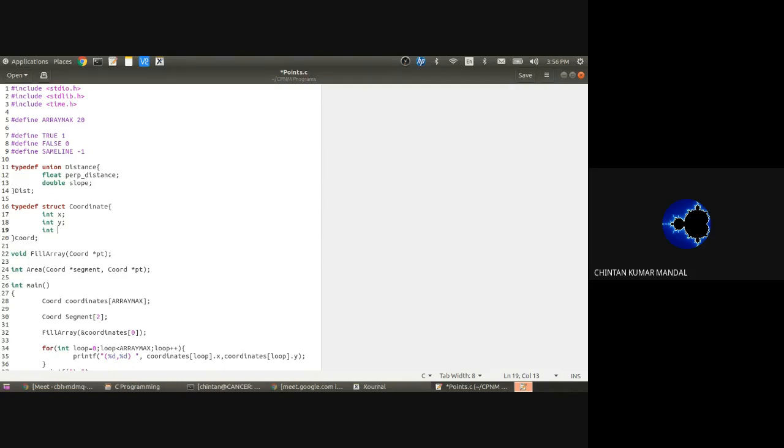I will be looking for, based on a coordinate, the problem. Let's rethink the problem. I have been given a point, and I've got a line segment. So if it is one type, I'll be storing the slope, and if it is another type, I'll be storing the perpendicular distance.